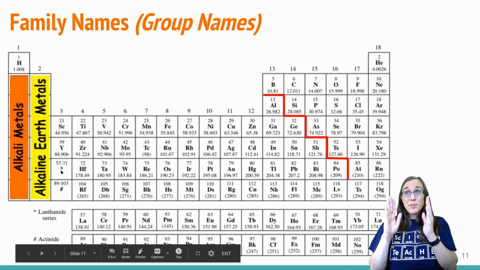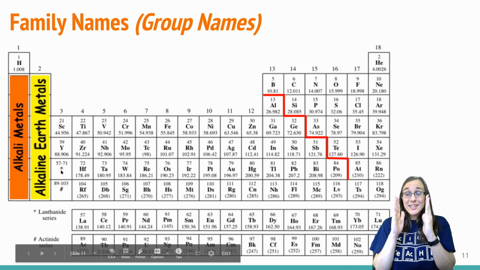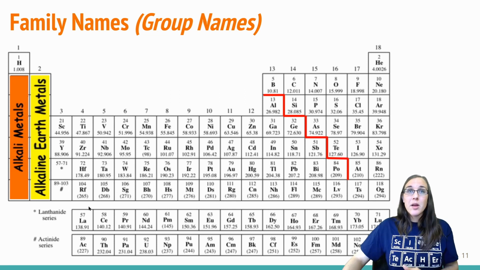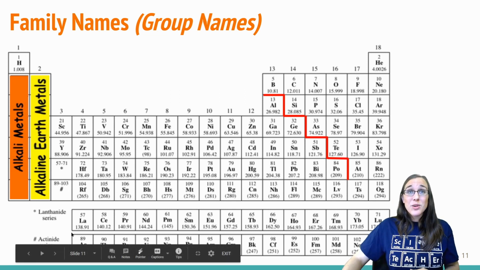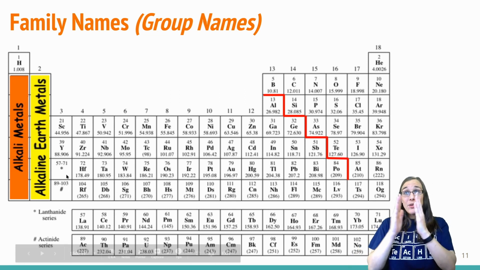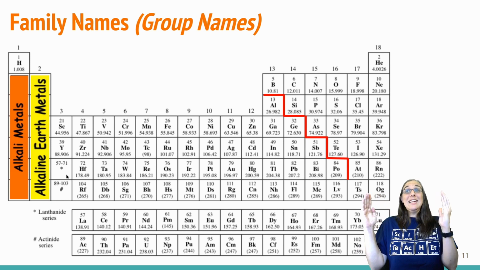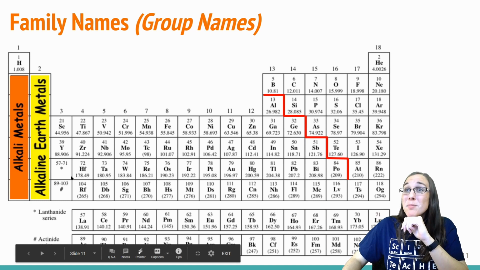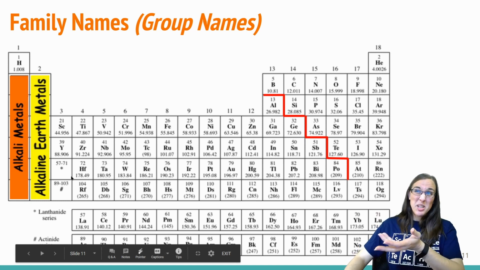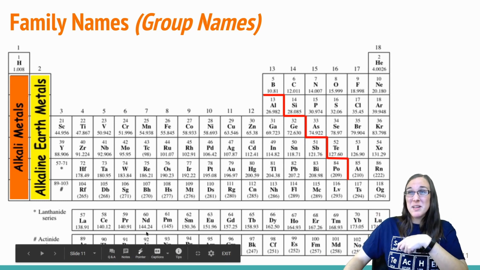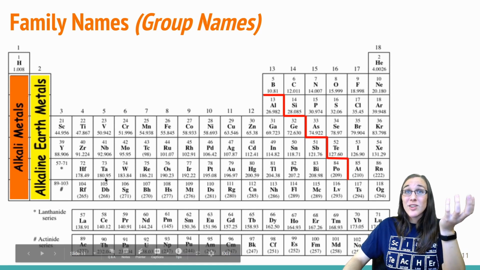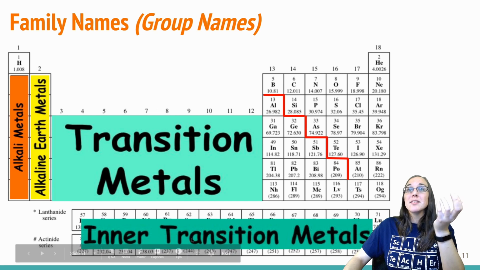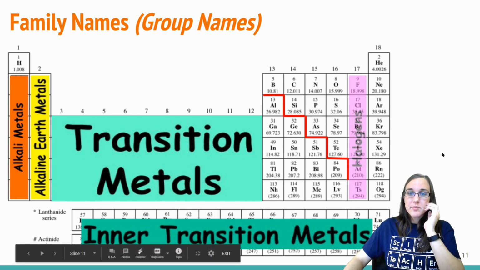So technically the periodic table is squished like this, the way you're looking at it right now. But really, if these were inserted up here, the periodic table would be really long, because you'd be squeezing these right in the middle with nothing on top. And that's not visually appealing, so we usually just keep it down there. And we say technically they belong right there. So those are called inner transition metals. Transition metals and inner transition metals.